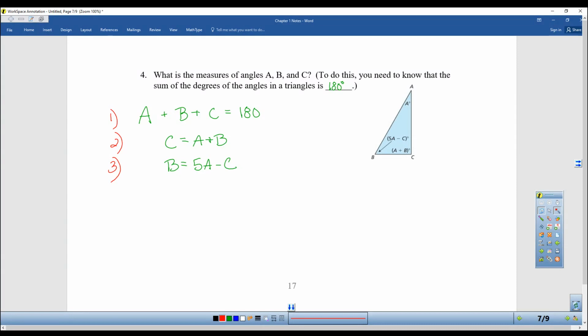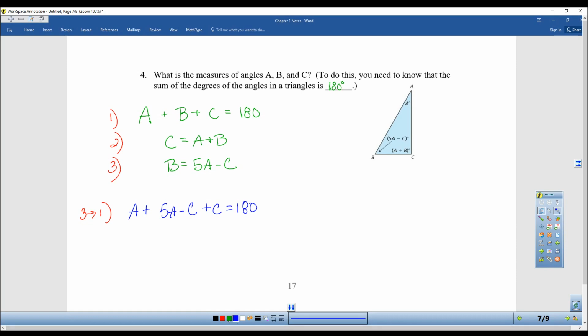So I think I'm going to use a little bit of substitution and a little bit of combination. I'm going to put 3 into 1. So I'm going to write it as A plus, I'm going to replace B, because that's why I'm putting 3 into 1, 5A minus C plus C is equal to 180.